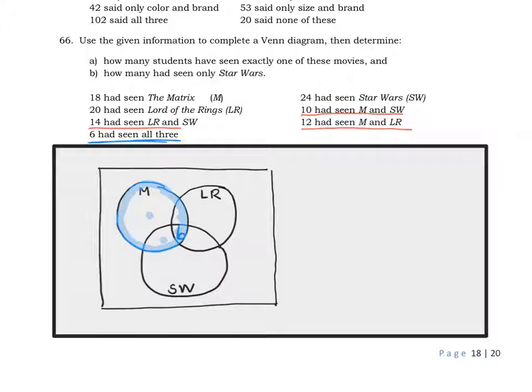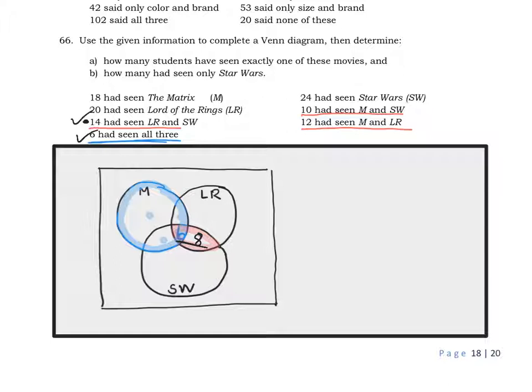When they're saying they saw Lord of the Rings and Star Wars, they're actually talking about this region right here. Okay? So hopefully you can see that what we will need to do is take this 14 right here and then subtract 6 from it. So we get 8. So indeed, 14 people have seen Lord of the Rings and Star Wars.